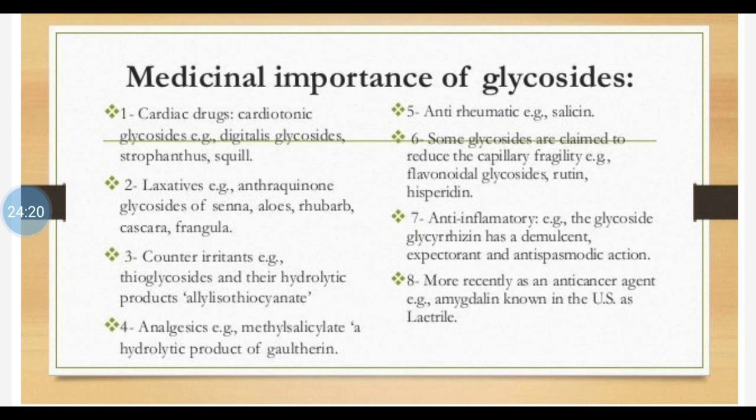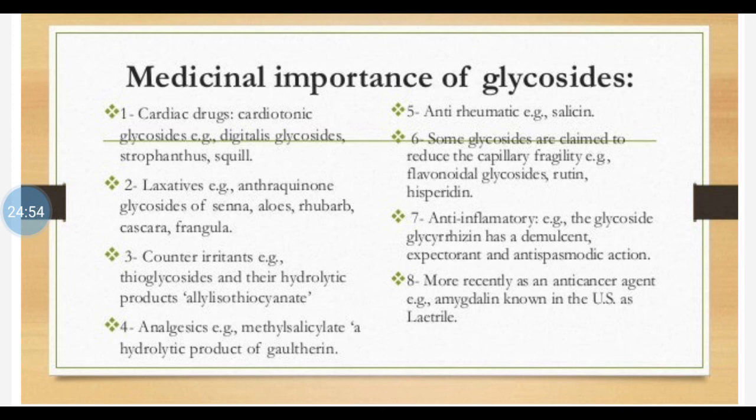Then most of the glycosides are used as counter irritants, for example, thioglycosides and their hydrolytic products, isn't it? Then these glycosides can be used as analgesics also, like methyl salicylate, which is a hydrolytic product of the Gaultheria plant.